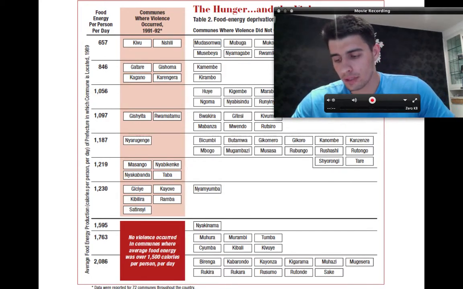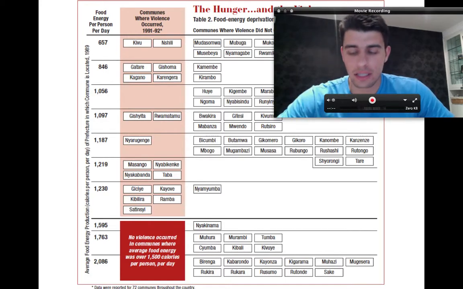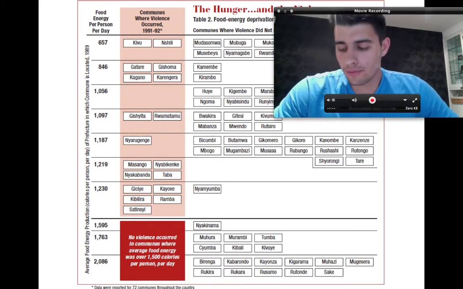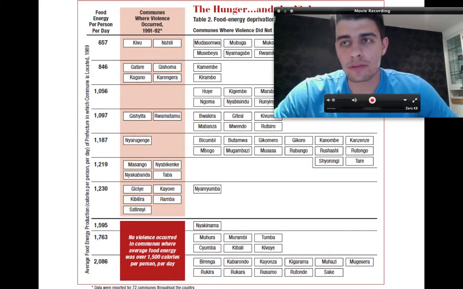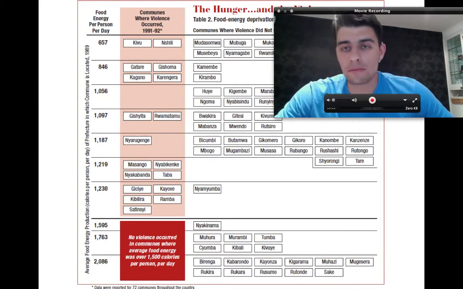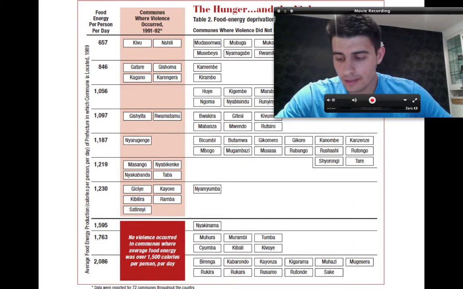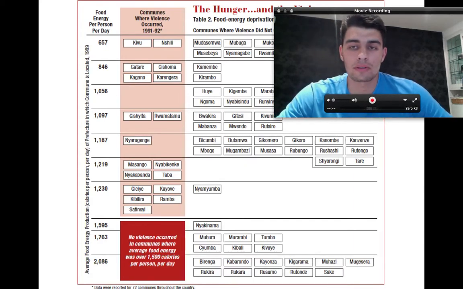So the author James Gasana cites, for the future of Rwanda, how to prevent such conflicts from occurring again. He says that obviously population growth was the main reason for the conflict.